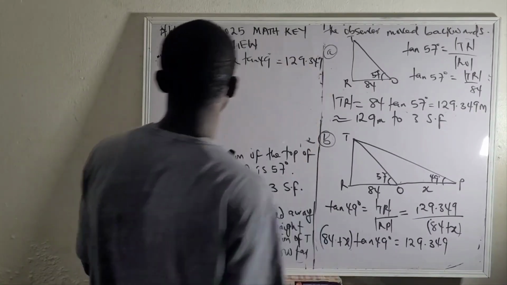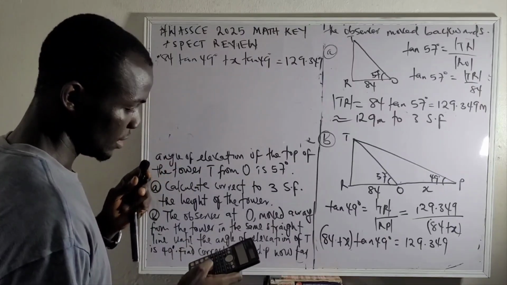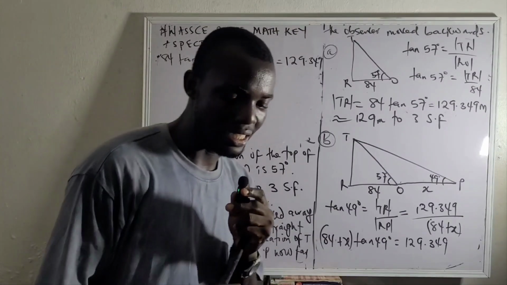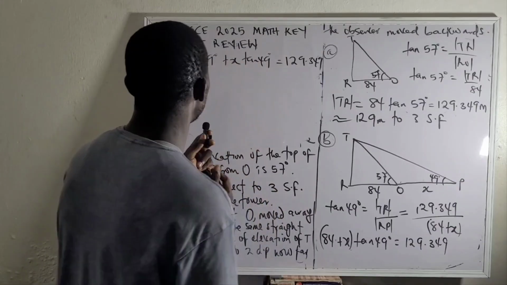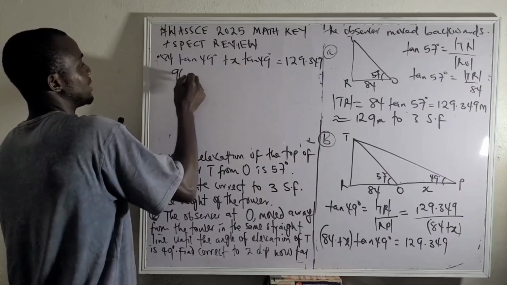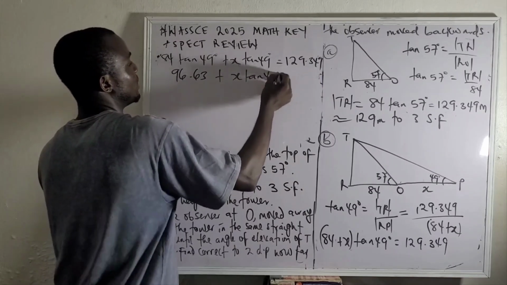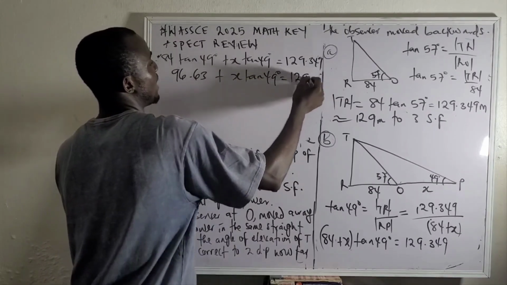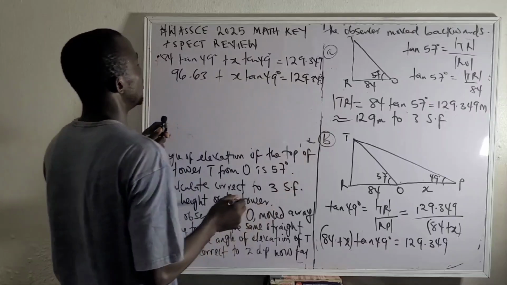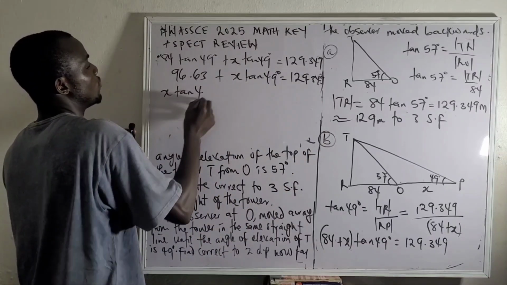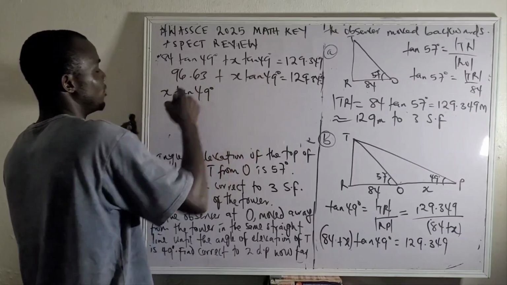Let's carry out 84 times tan 49 degrees. That is 96.63. So this here is 96.63 plus X tan 49 degrees equals 129.349.